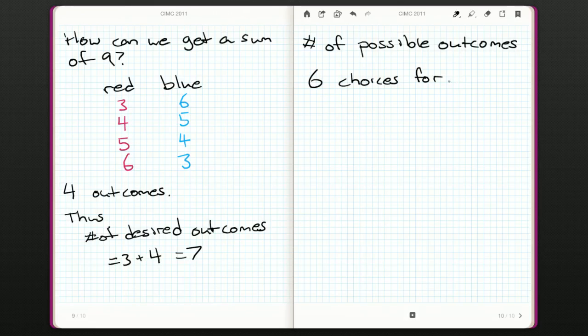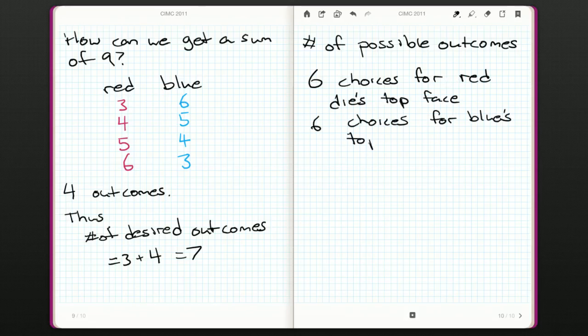So there are 6 different face values for the red dice. And there's also 6 choices for the blue dice top face.